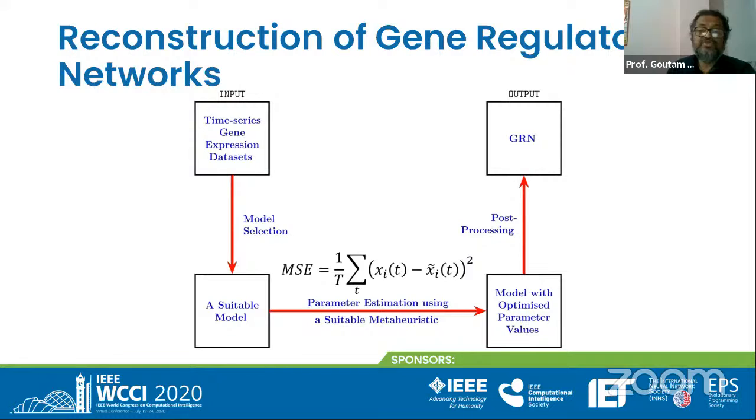So what we do, we use a suitable meta-heuristic technique. What are meta-heuristic techniques? That is called ABC, ANT, GA, PSO. All these techniques are there in computer science. You know it.